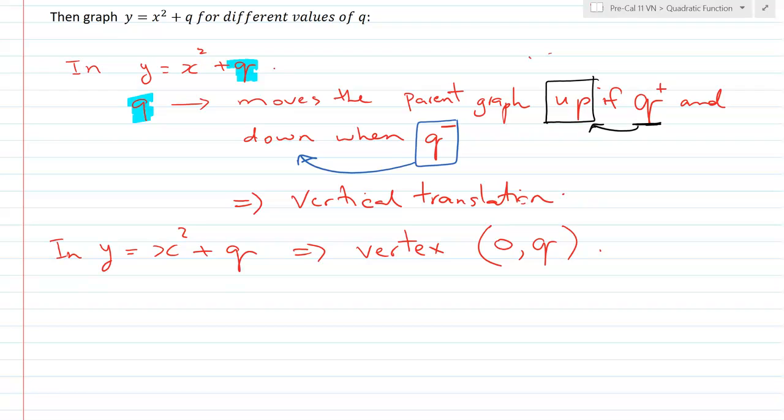And if it goes down, q is negative, and 0, the x value of the vertex, doesn't change, and it stays 0. So that is the influence of q, based on being positive or negative, on the graph. The vertical translation happens only when q changes.